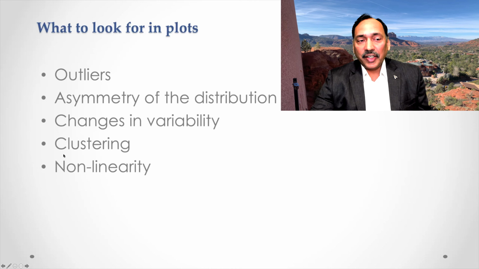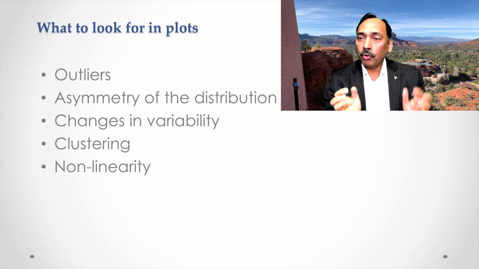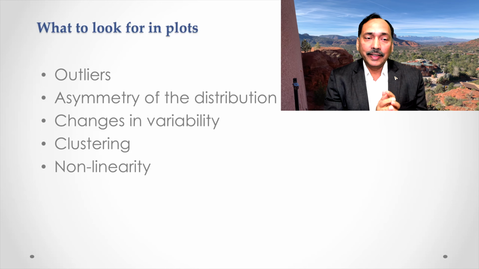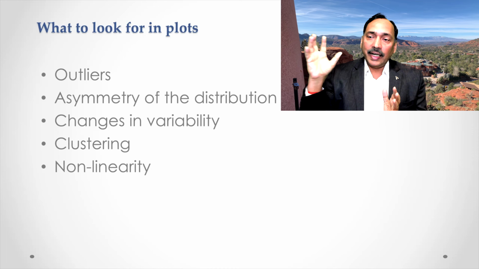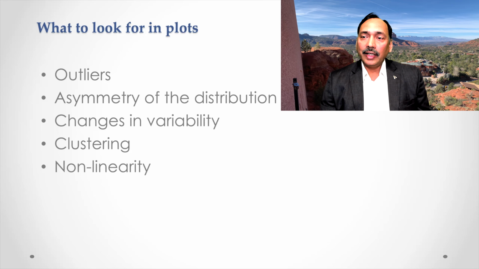Similarly, clustering. So whether there are any groupings happening where data points get concentrated because of different reasons, and especially it happens when there may be another factor variable that is playing a role on the numeric variable in which we are interested. One example I can give you is the data that we used last time, iris data.